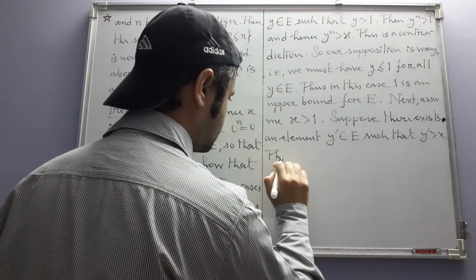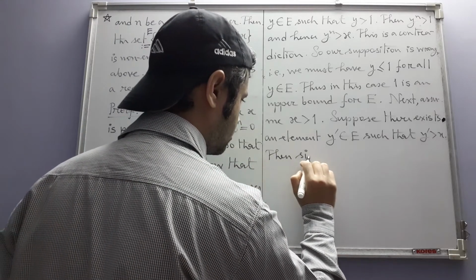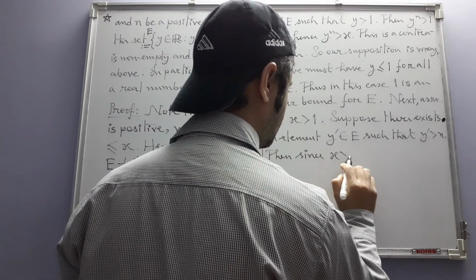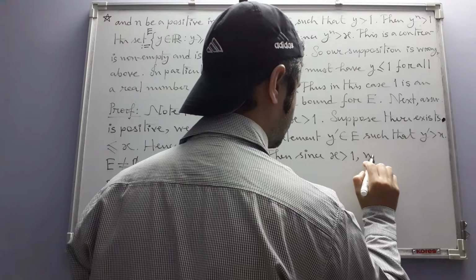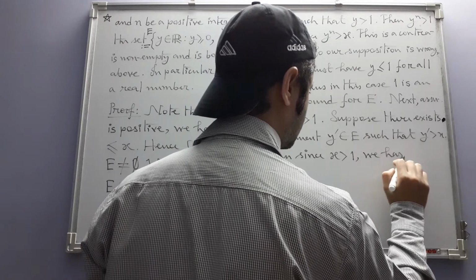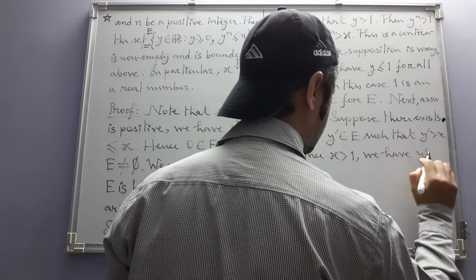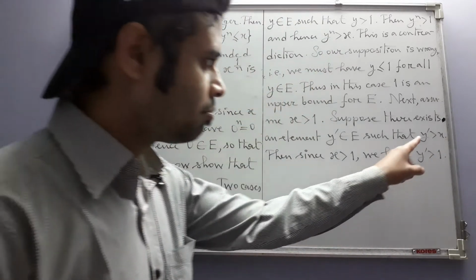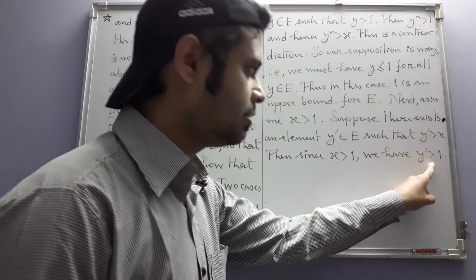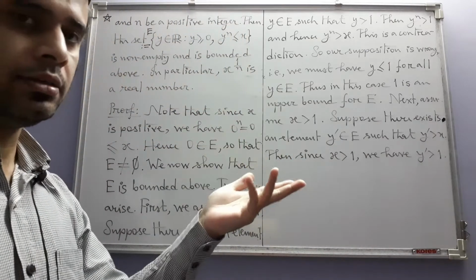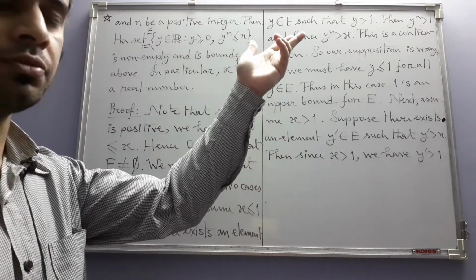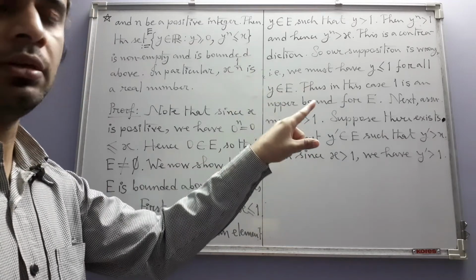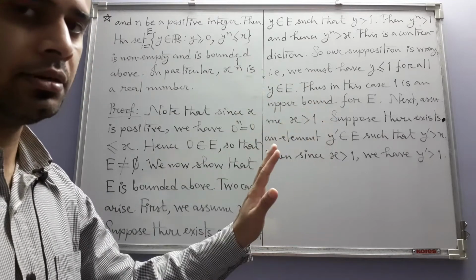Then, since x is greater than 1, we have y prime also greater than 1. Now combining this and this, one can again, just like before, prove by induction on n that y prime to the power n is also greater than x.